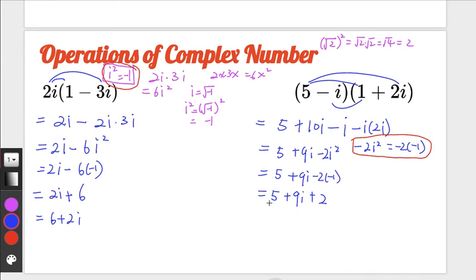Now we have another constant term. So we are going to combine 5 and 2, which is 7 plus 9i. If you write it as 9i plus 7, that's perfectly right. They are exactly the same. Okay, so that's how we do the operations.